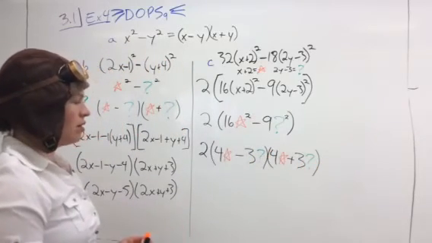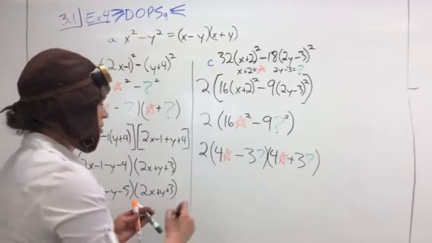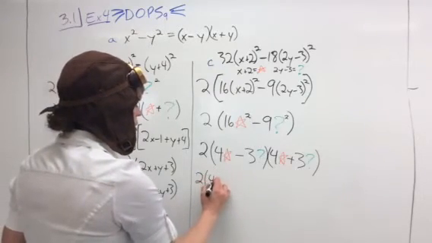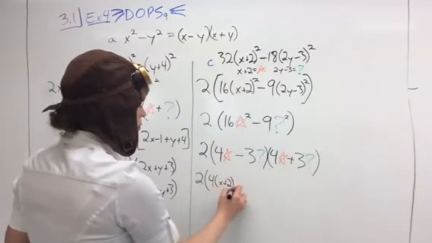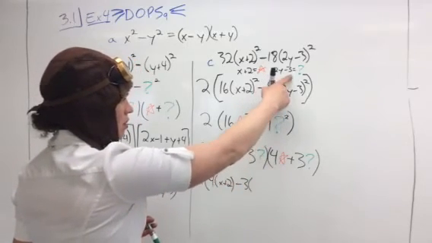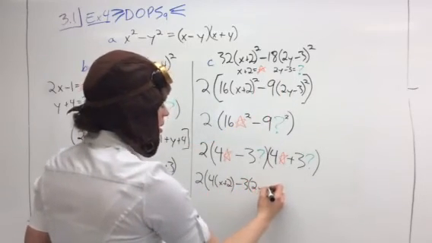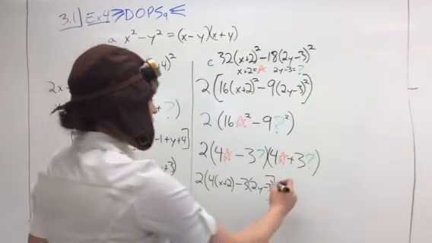So that's factored. Now I have to actually do the substitution part. So I'm going to have 2 times 4 times, and the star was worth x plus 2, minus 3 times the question mark was worth 2y minus 3, all in one set of brackets.